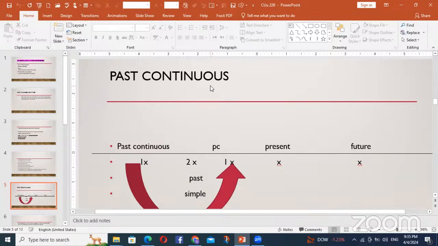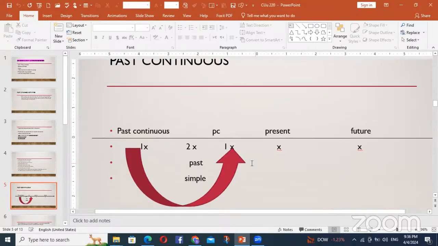In front of you we have here the timeline. As you see here, this is the point of now, which is the present. After the present is the future. Before that, everything is called past. In the past we have the past continuous and the past simple. You see the arrow here?